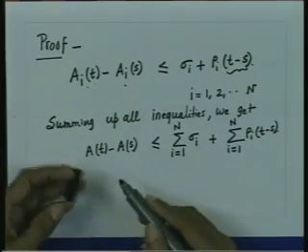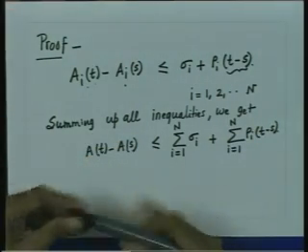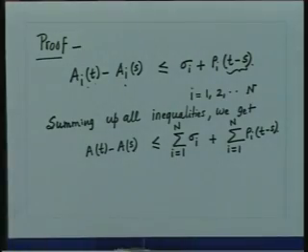Hence we have proved that the multiplexer output is a rho sigma regulated traffic, where sigma is the sum of all sigmas and rho is the sum of all rhos.